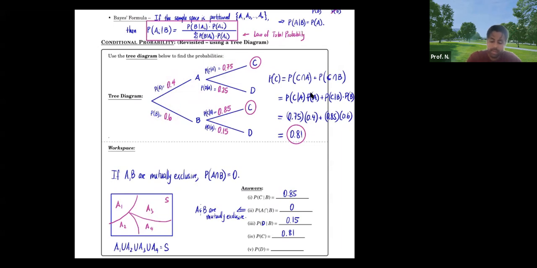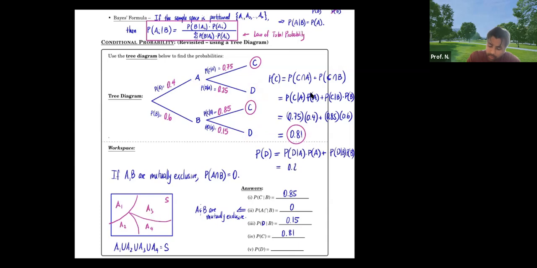Now, what would be the probability of D happening then? How would I find the probability of D? It would be the same idea, right? Well, I would have to find the probability of A happening and then D happening, which would be the probability of D given A multiplied by probability of A plus the probability of D given B multiplied by probability of B. And what would that be?